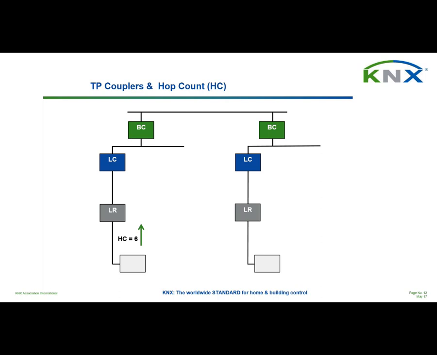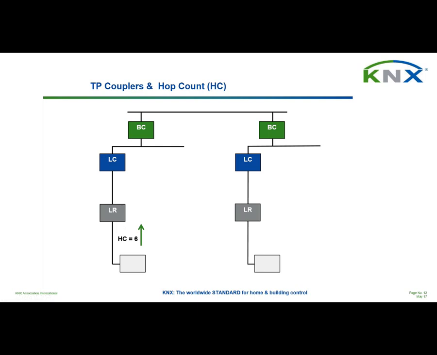The line repeater will receive this telegram via its secondary line, and it will then copy it into its primary.